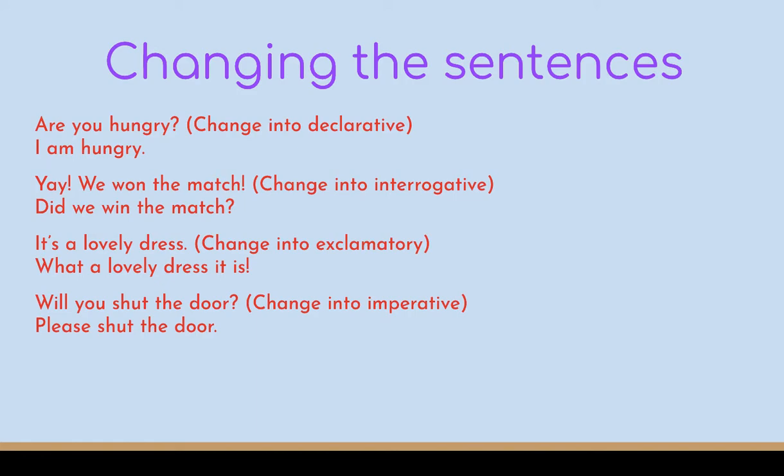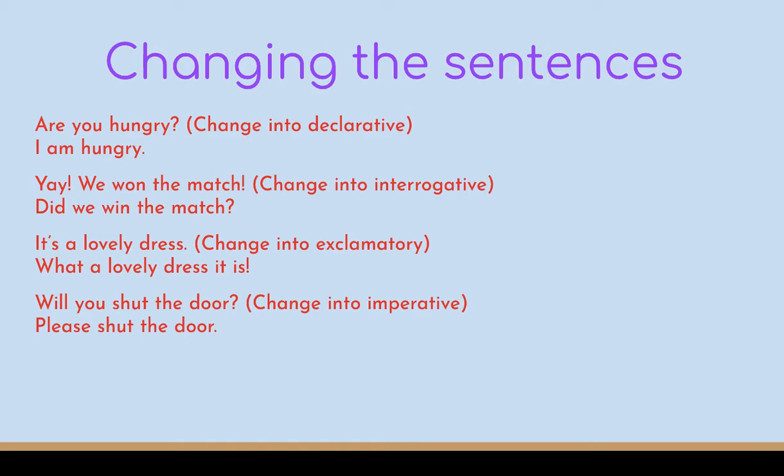Since it has a WH word at the front, it doesn't mean it has to be a question mark, because in some formal ways of speaking English, you would say, what a lovely dress it is. You would add the WH words there. But it still won't change the meaning, since you're changing it to the exclamatory form and adding an exclamation mark at the end.